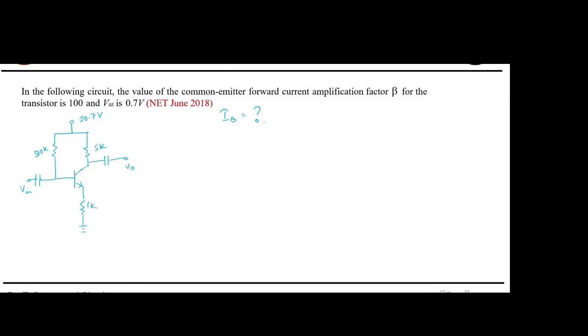Yeah, so we can cancel this one. Now this one will be IB, this one will be IC, and this one will be IE. Is there any hint in the question that we are using DC? Okay, DC voltage is there. So we can use this part. By using this part, can you solve for IB?